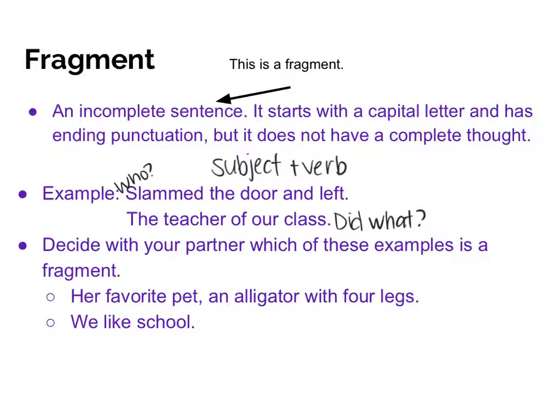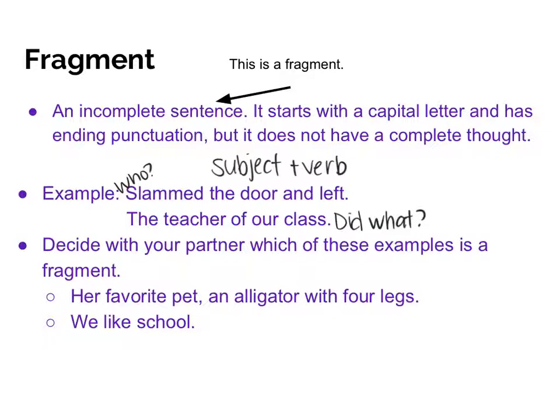So, talking about these 2 sentences, at first glance, this one seems like it might be the full sentence because it's longer, it has more information. But if I read it, her favorite pet, an alligator with 4 legs. Okay, I have a subject. I know I'm talking about her favorite pet. It's an alligator.